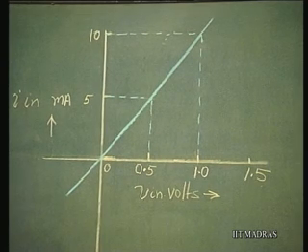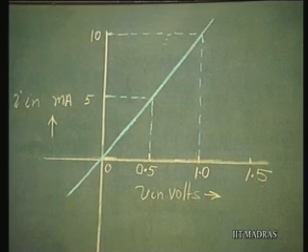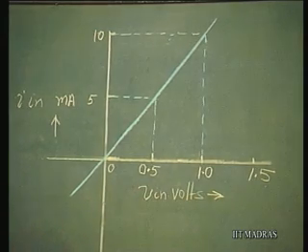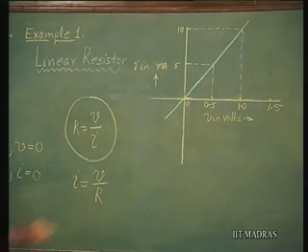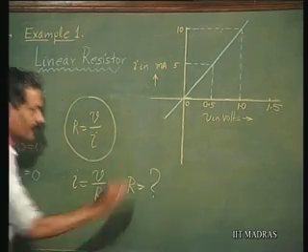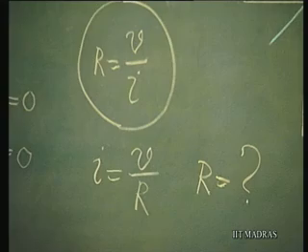This is a problem that is given to you where you are told this is the linear characteristic of a resistance. Find out the value of the resistance. That is very simple.